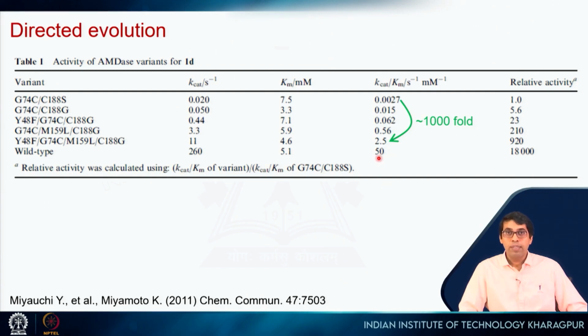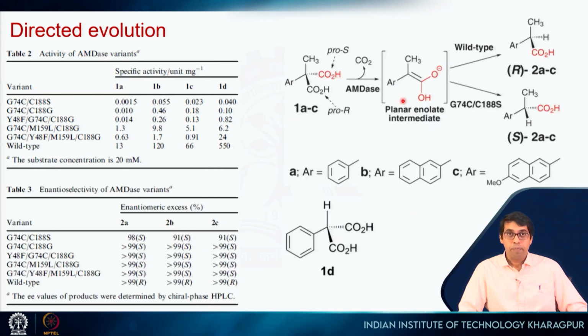But you can see that it is still not as good as the wild type. But remember that the wild type makes the R enantiomer, and this mutant makes the S enantiomer. So it makes the right mutant. It is still not as good as the wild type, but it is 1000-fold better than the original design that we got from rational design, right? So this is the power of directed evolution, right?